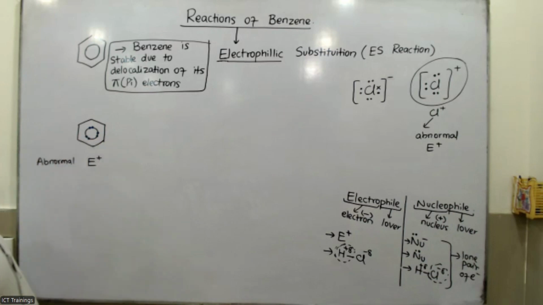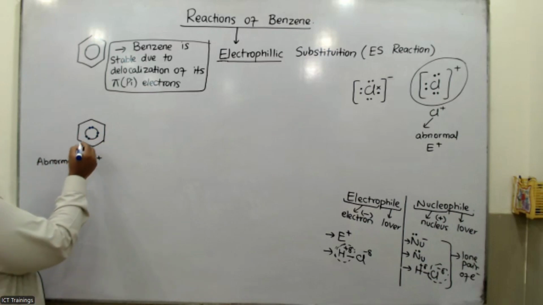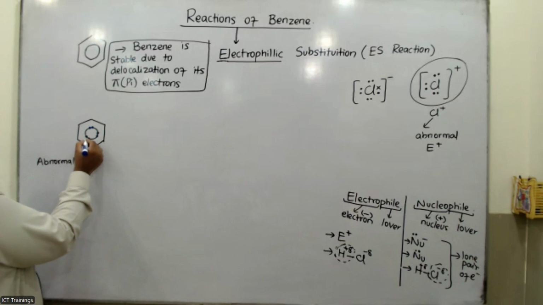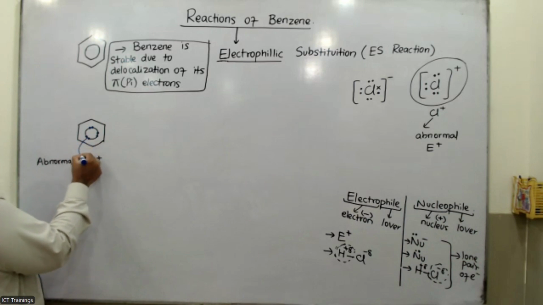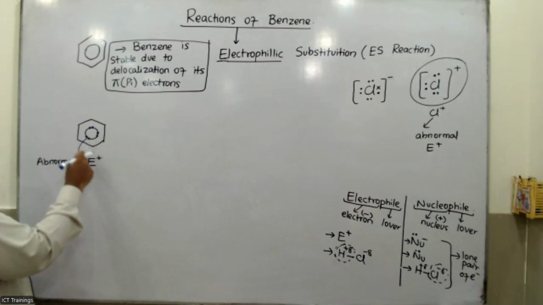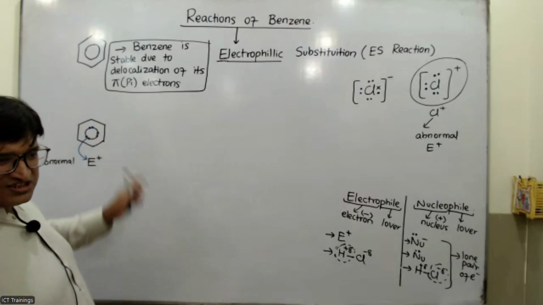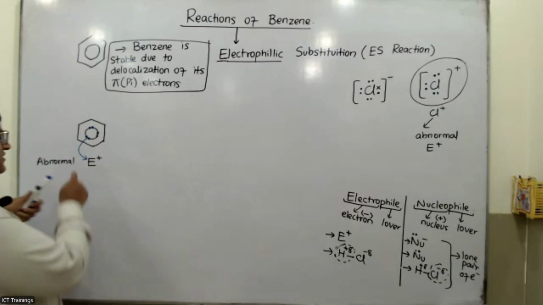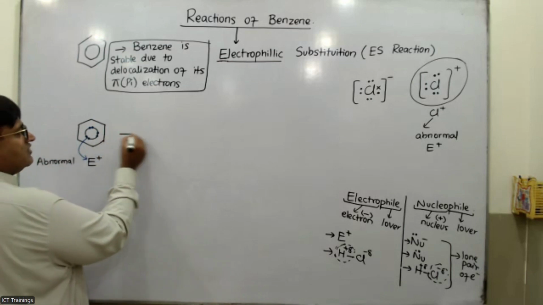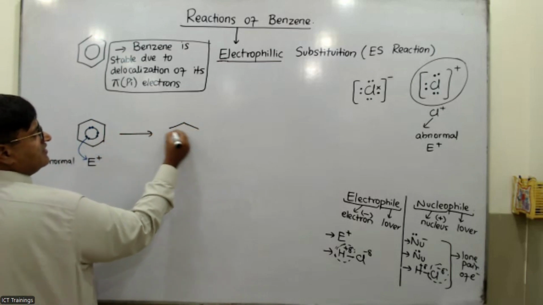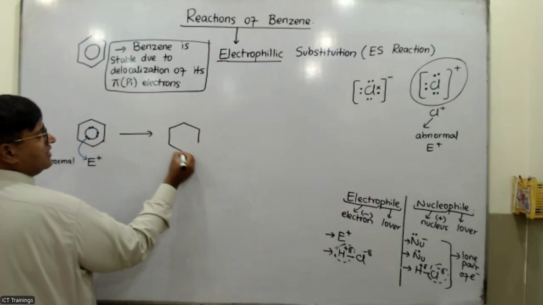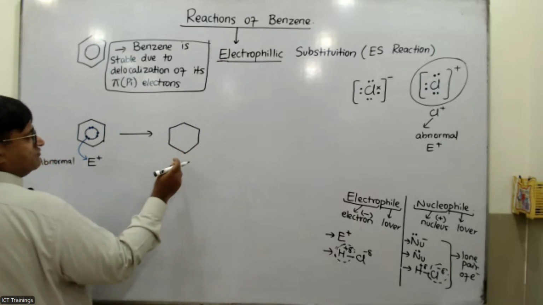These are the electrons. This pair of electrons is given from this ring towards this electrophile. Every benzene reaction has this type of mechanism. Now what would happen after giving the pair of electrons to the electrophile?